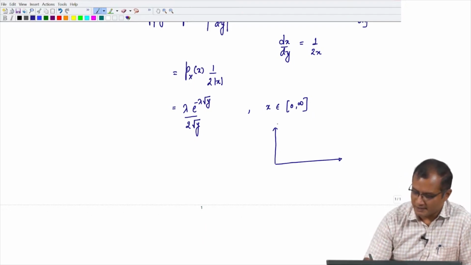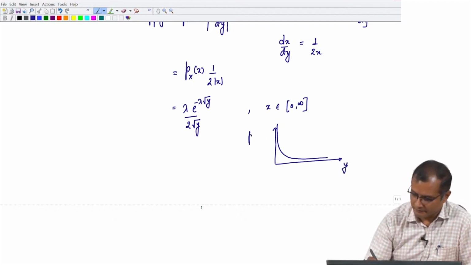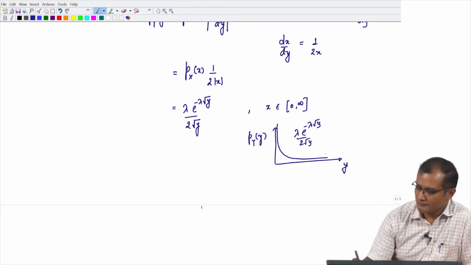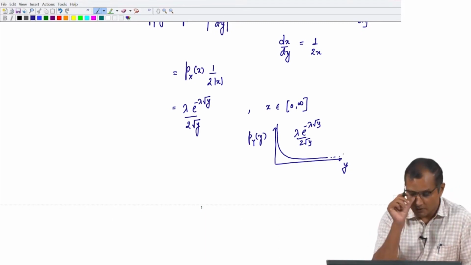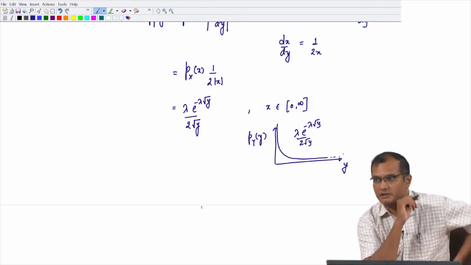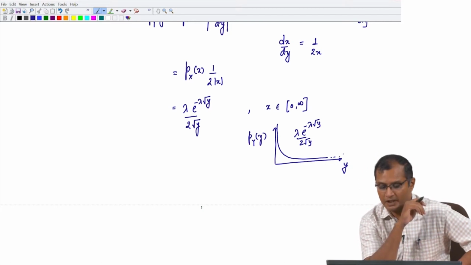If I plot this PDF, you can see that this has a singularity at y equal to 0, because this PDF is lambda e raised to minus lambda y over 2 square root of y. So, as y goes to 0, the numerator goes to 1, the denominator goes to 0. So, the PDF becomes infinity.